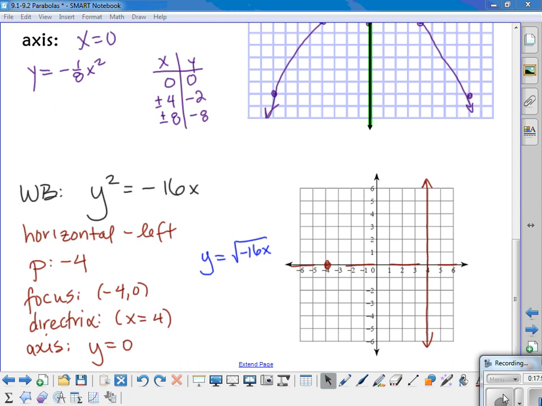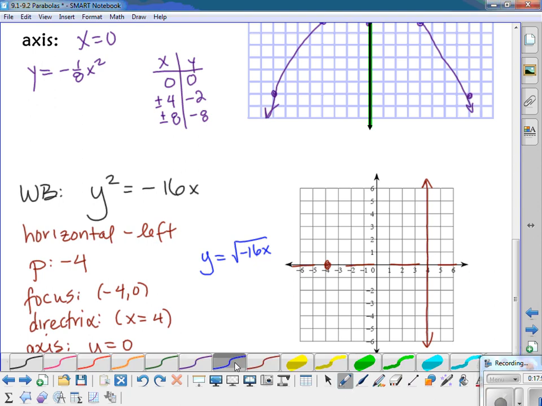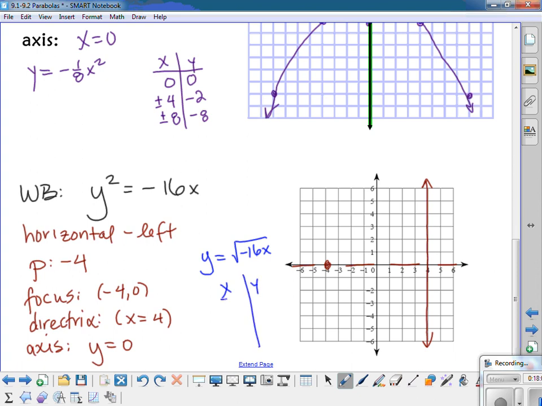So what kind of numbers are we going to have to plug in for x for this one? Negative numbers, otherwise we can't take the square root of it. So if I put in 0, I'm going to get 0. And if I plug in -1, then it's either plus or minus 4. If I plug in -4, it's going to be plus or minus 8.